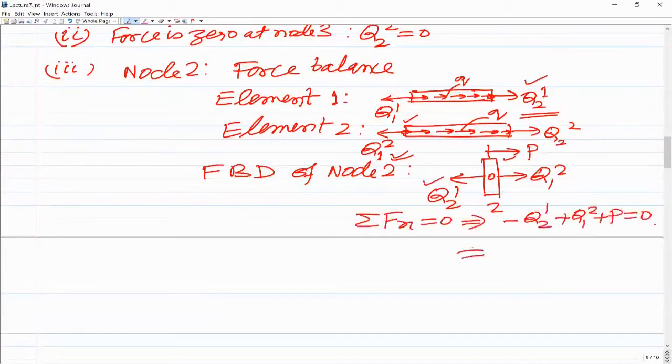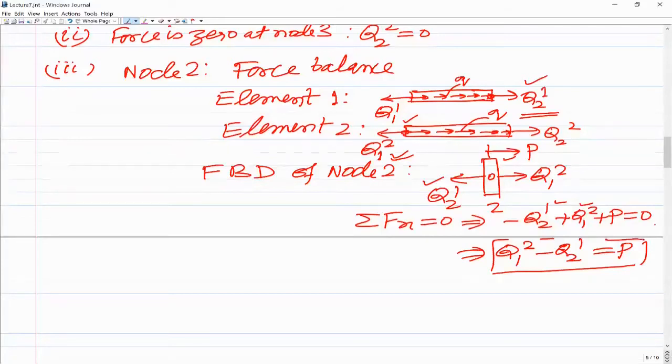If I take these terms to the other side, q12 minus q21 is equal to P. That means the difference of these two internal forces, q12 minus q21, is equal to the externally applied load at that node.